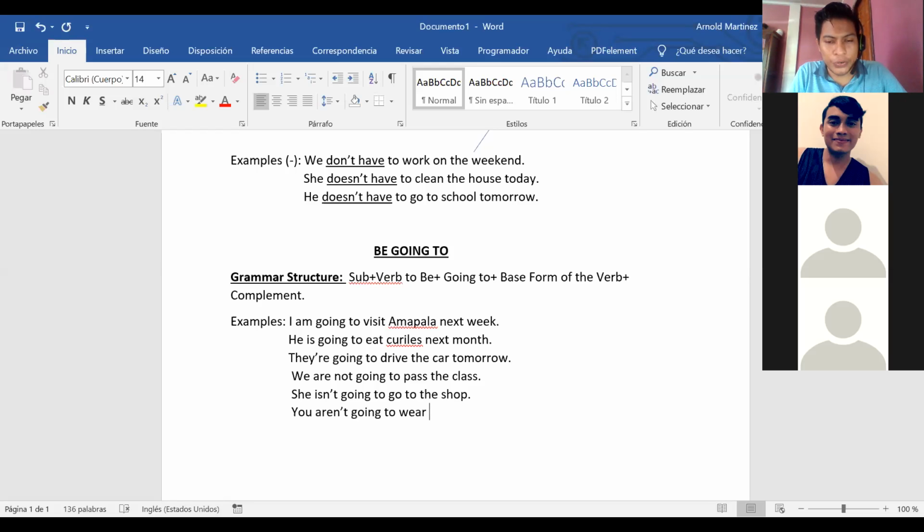You're not going to wear white t-shirt. No sé, pero camisa o algo así. White shirt. That's it then. Shirt. White shirt. Sí, sorry. That's it then. Very good.